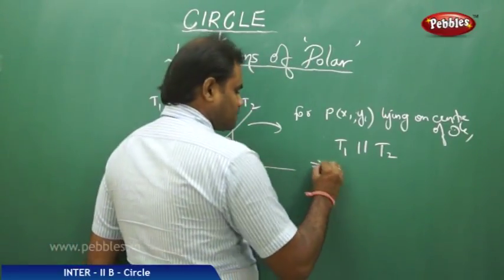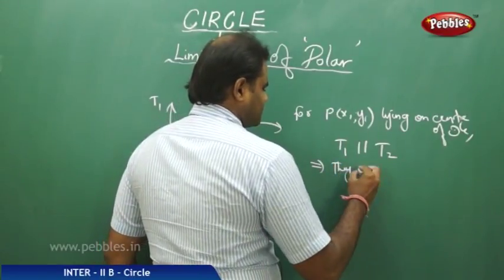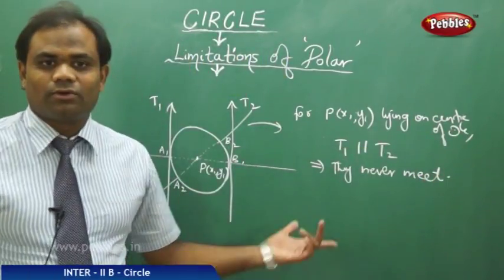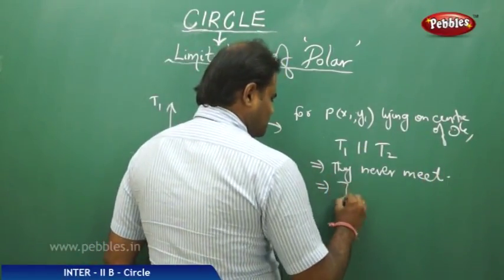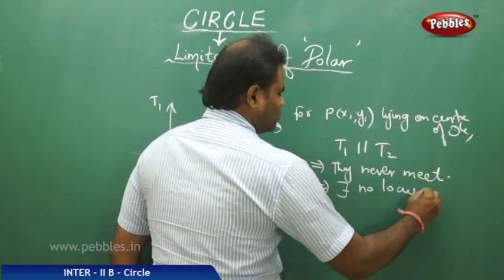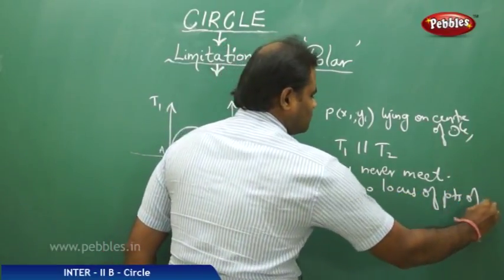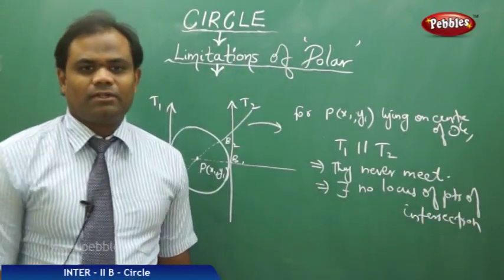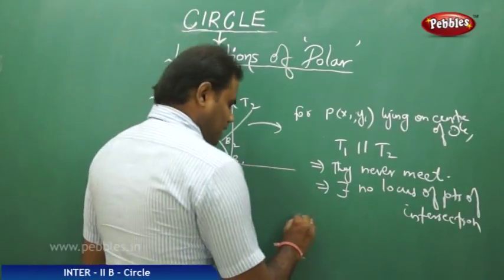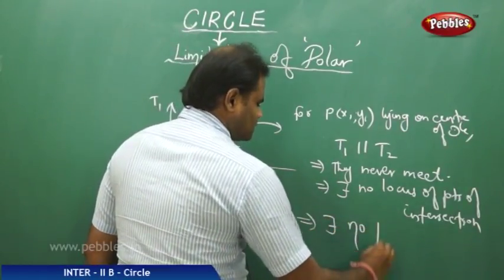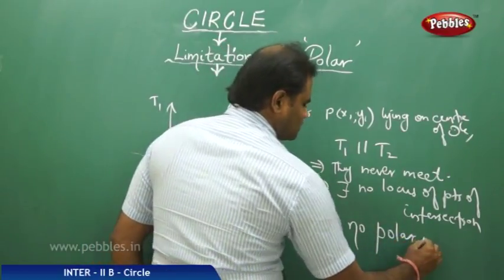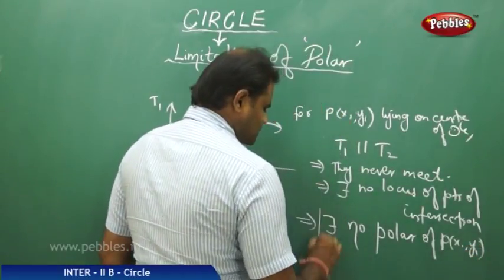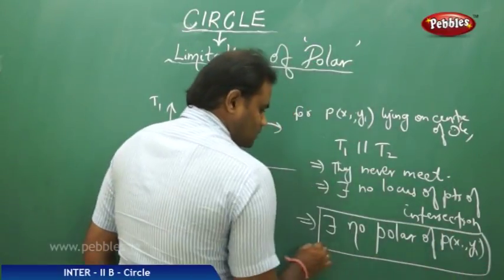That implies they never meet, that is, there is no locus of points of intersection. That implies there exists no polar of P (x1, y1) which lies at the center of the circle.